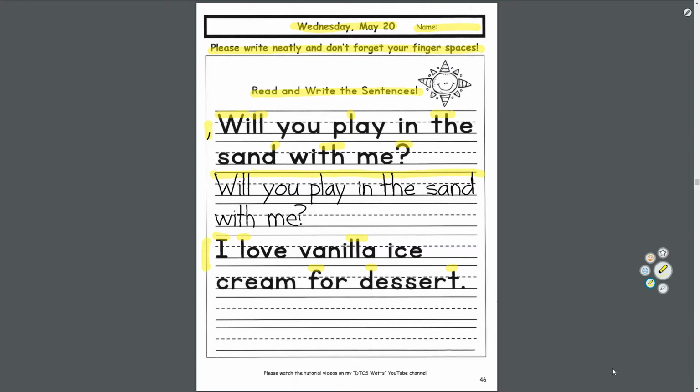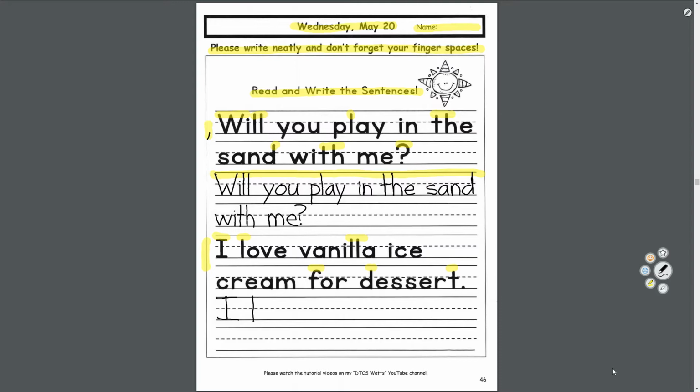Sentence number 2, I love vanilla ice cream for dessert. Oops, a little messy. It's hard to write with this pen. I'll try though.